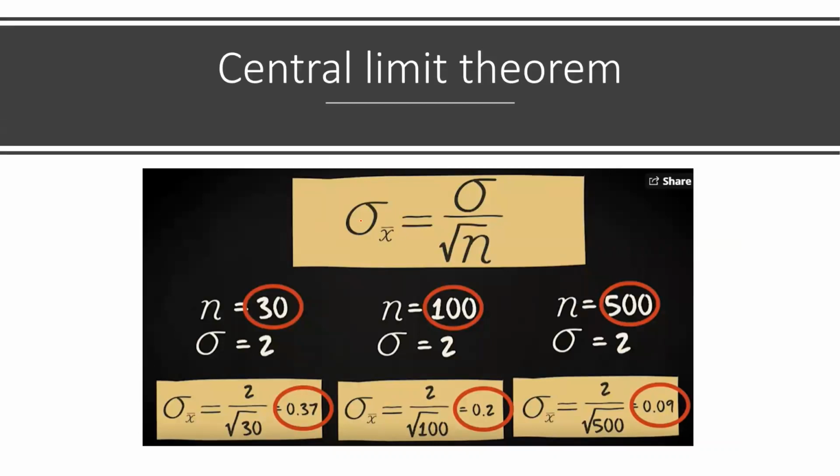As I said, your sample standard deviation will be equal to standard deviation by root n. So if your n is 30, your standard deviation is 0.737. If your n is 100, your standard deviation is 0.2. It's decreasing. So when your sample size is large, your standard deviation is low. This is the property of the central limit theorem.